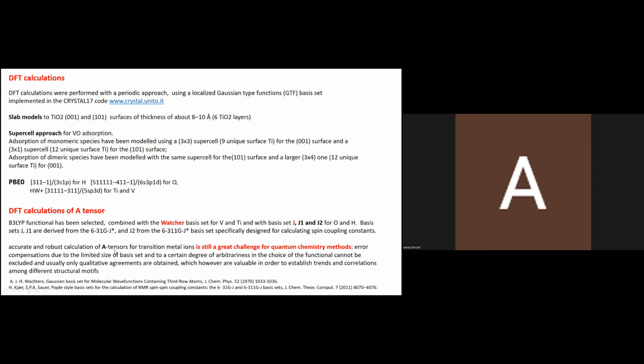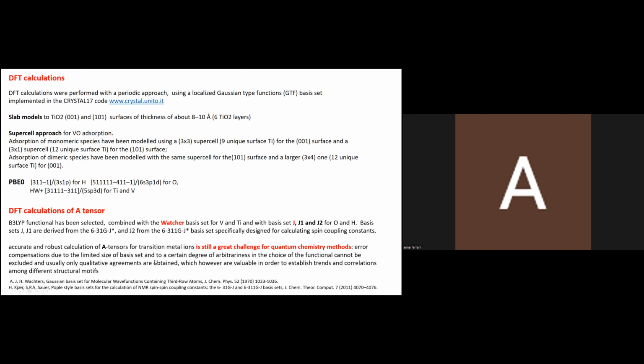Just a remark: the actual calculation of the A tensor is a great challenge for quantum chemistry methods. I also changed the functional. I use B3LYP because I did a lot of tests and found that this one performs better.